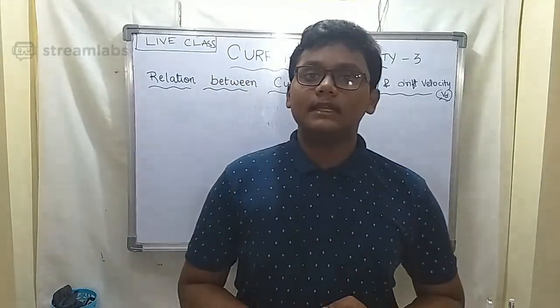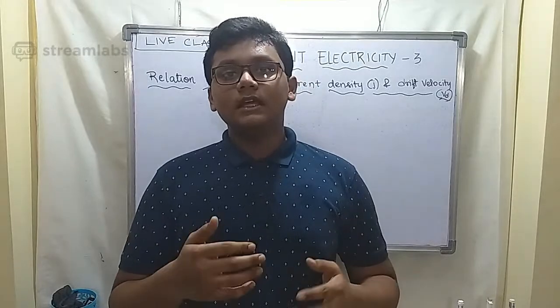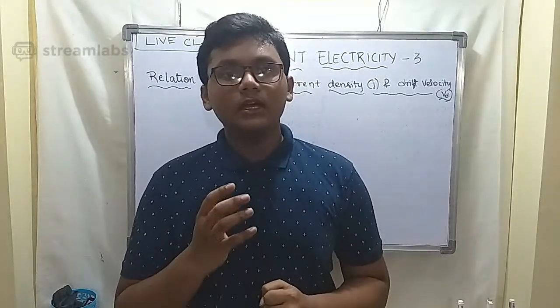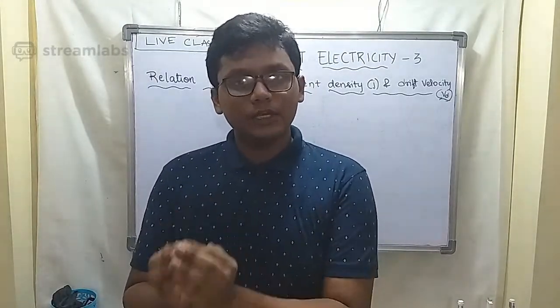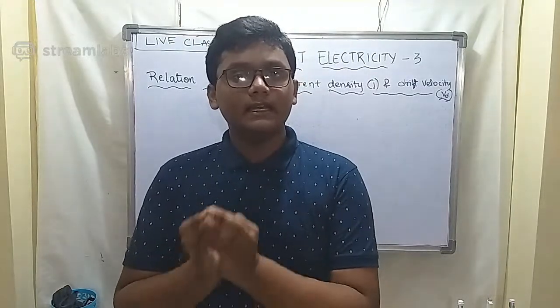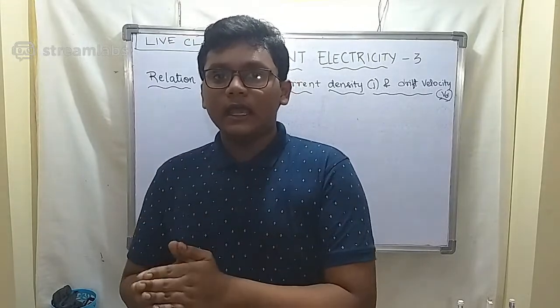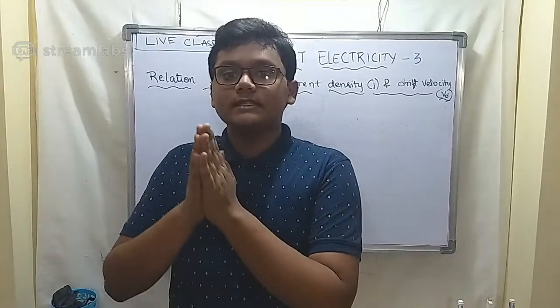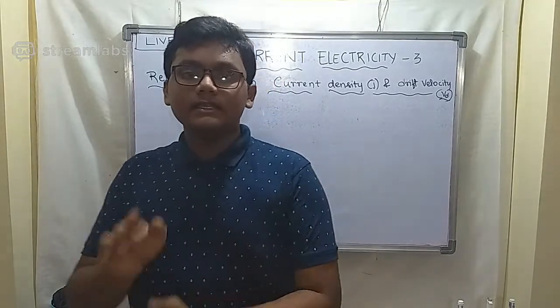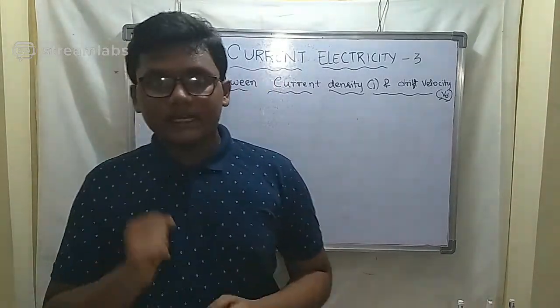What is current density? Current density means the charge per unit cross-sectional area. It is denoted by J, and J is equal to I by A. Instantaneously, we can also say dI by dA is the current density J.